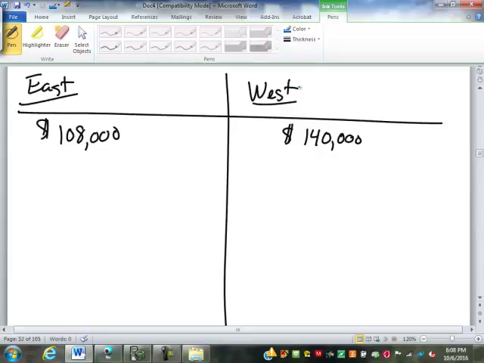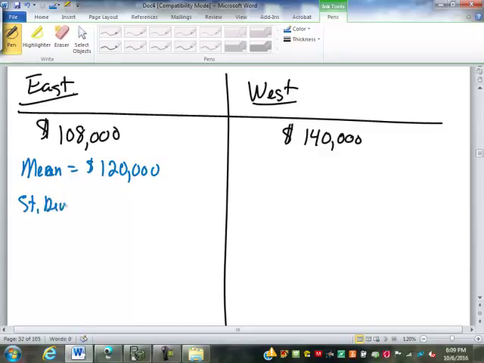Well, the one on the east side looks like it's cheaper. But let's say that the mean for houses east of town, the mean of houses in that area that are that size, is $120,000.